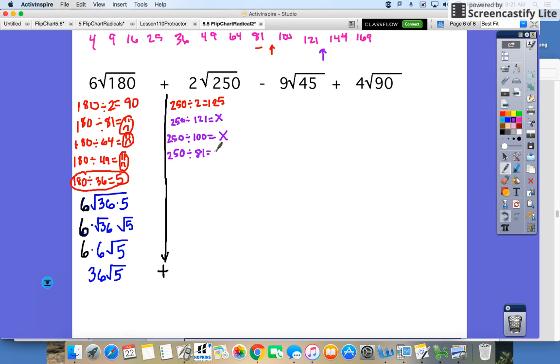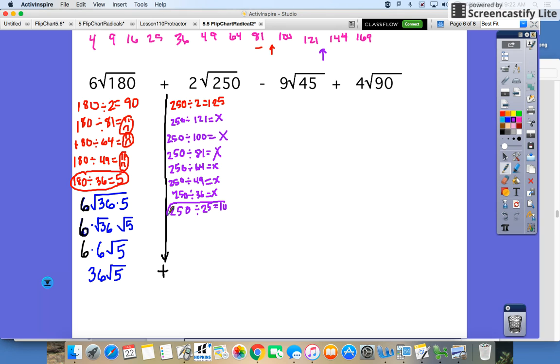Nothing there either. We actually have to go pretty far on this one, you guys, so I'll let you test it on your calculator if you want. But 250 divided by 64, also no good. 250 divided by 49, no good. 250 divided by 36 is no good. But when we get to 250 divided by 25, we get 10.